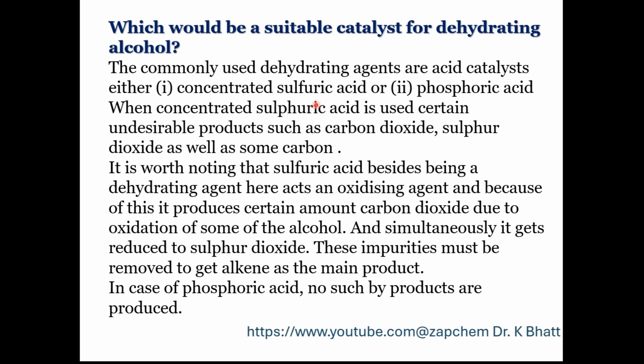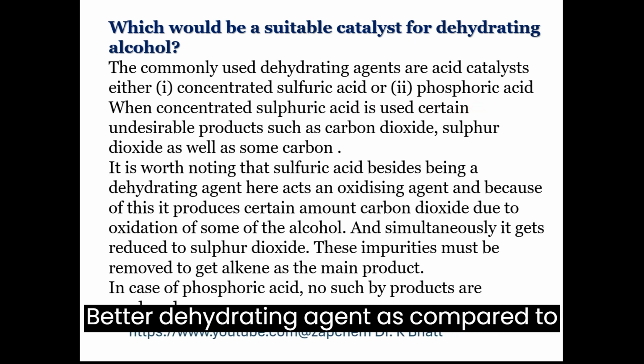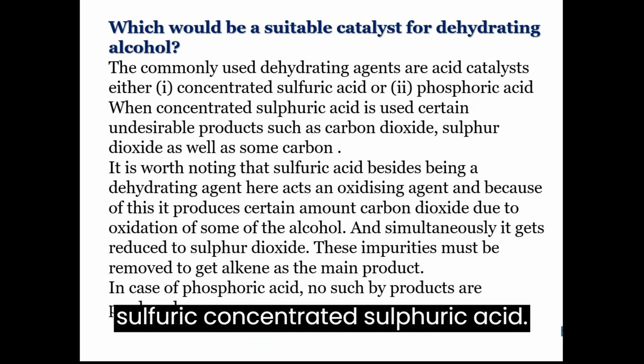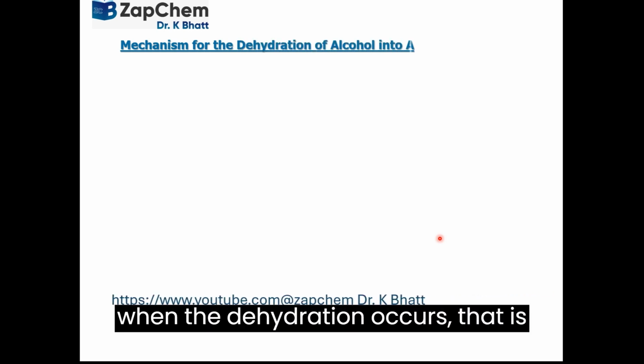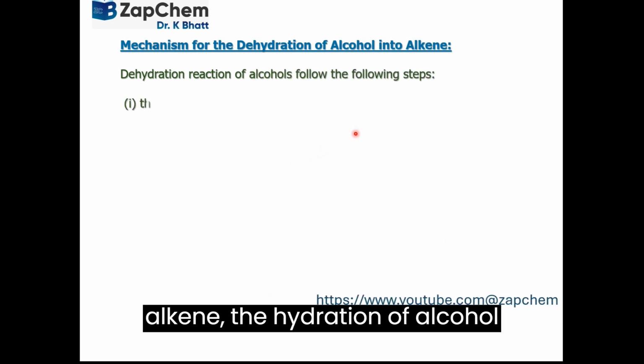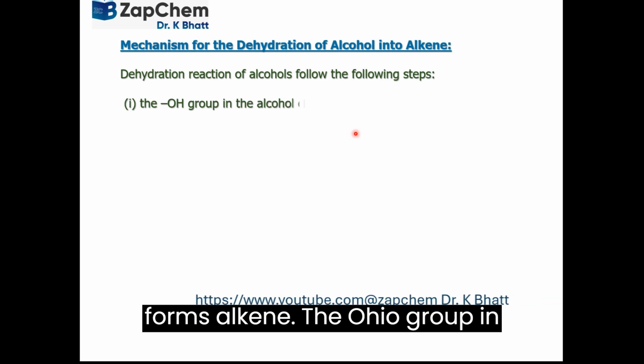Phosphoric acid is a better dehydrating agent as compared to concentrated sulfuric acid. Now let us see what happens actually when the dehydration occurs. That is the mechanism of dehydration of alcohol into alkene. Dehydration of alcohol forms alkene.